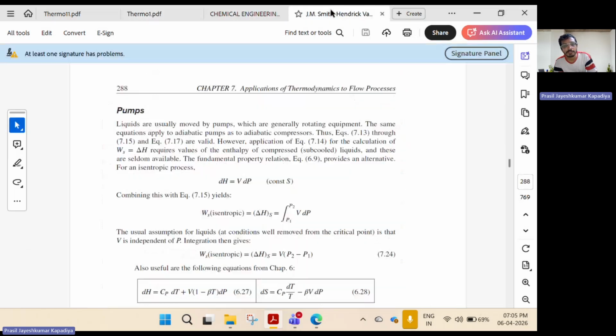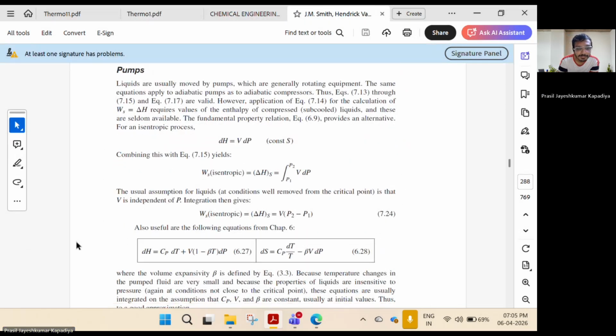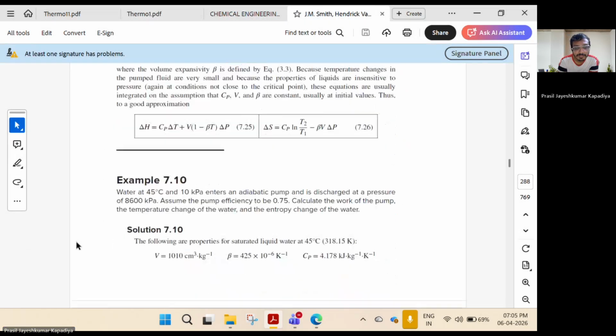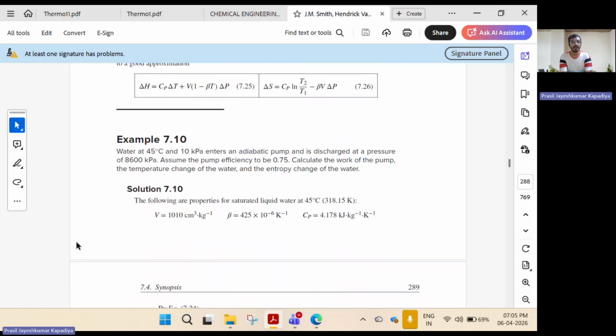Now the example: water at 45 degrees Celsius and 10 kilopascal enters an adiabatic pump. Adiabatic pump meaning dQ is equal to 0. If dQ is equal to 0, dS is equal to 0. It is discharged at a pressure of 8600 kilopascal.